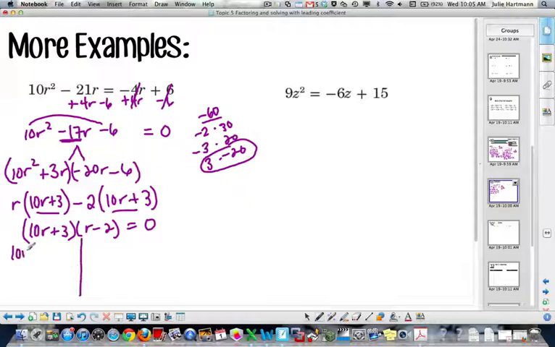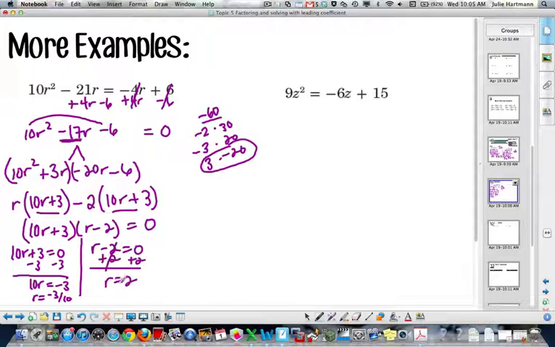Set each one equal to 0. Here, minus the 3. 10r equals negative 3, so r equals negative 3/10. Add the 2, r equals 2. So, those are the 2.